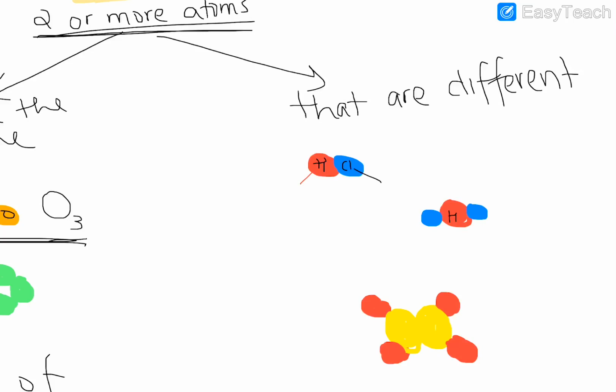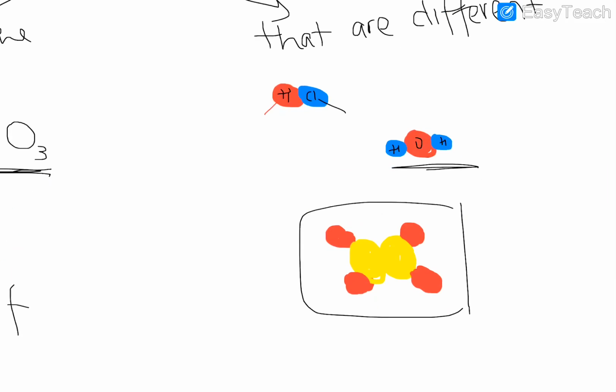Here, let's say that's H and O. So this is another molecule. Here it consists of 3 atoms combined together, with 2 different types of atoms. Here is another example where you have 2 different types of atoms, but you can see there are 6 atoms combined.